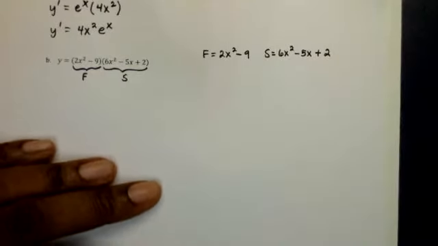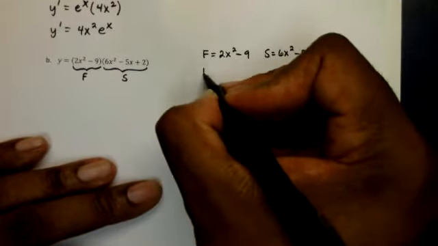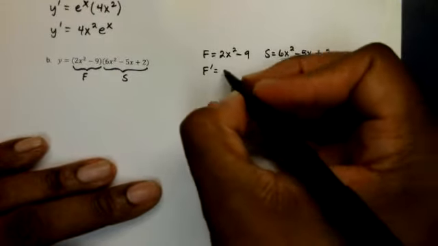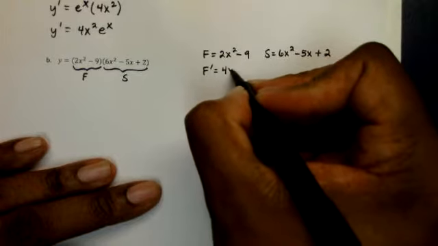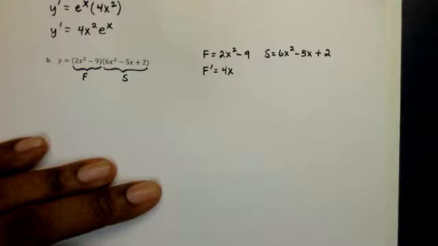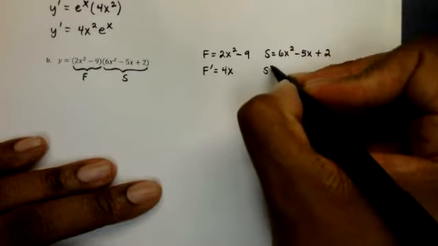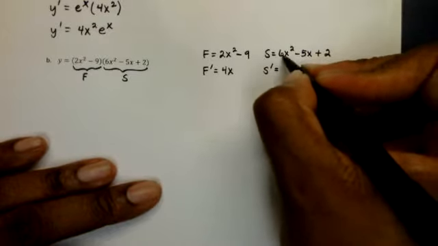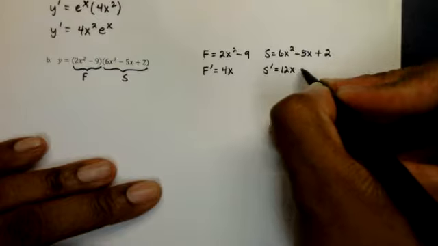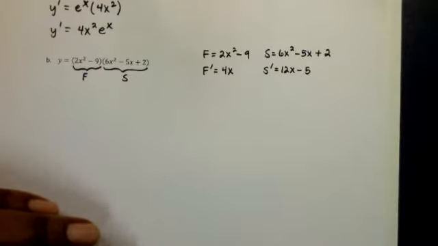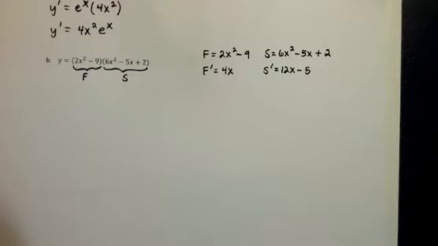And here I want to go ahead and find the derivatives of each one of those. For the first term, the derivative of 2x squared minus 9 would be 4x. And for the second term, its derivative would be 2 times the 6, which is 12x minus 5. So I found the derivative of the first and the derivative of the second.